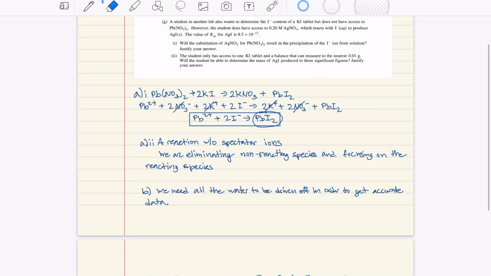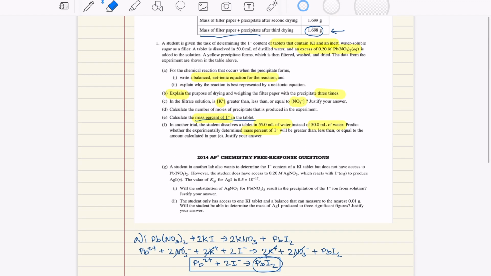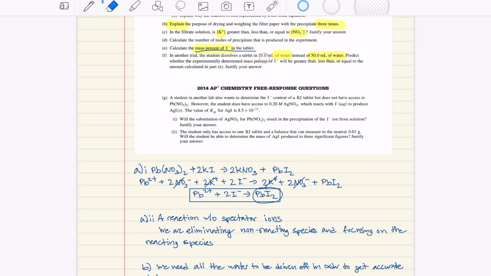All right, so let's move on to part F of this question. Part F asks, in another trial, the student dissolves a tablet in 55 milliliters of water instead of 50 milliliters. Predict whether the experimentally determined mass percent of I minus will be greater than, less than, or equal to the amount calculated in part E, and justify your answer.